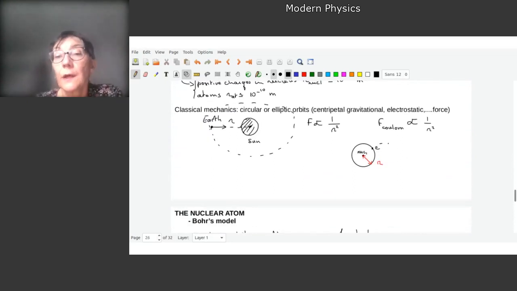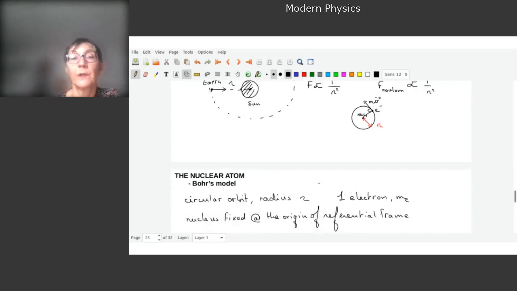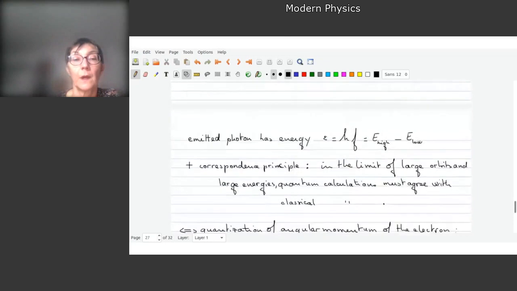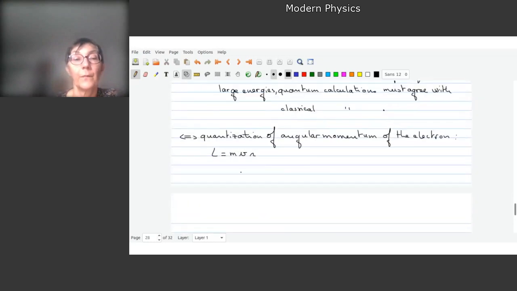So you have the electron, you have r, which is this way, and you have mv, and they are perpendicular. So the angular momentum, which is the vectorial product of the linear momentum and position, is equal to this one.